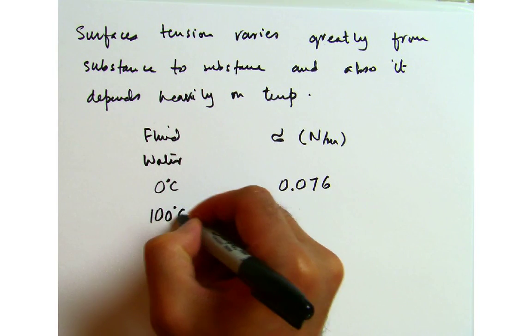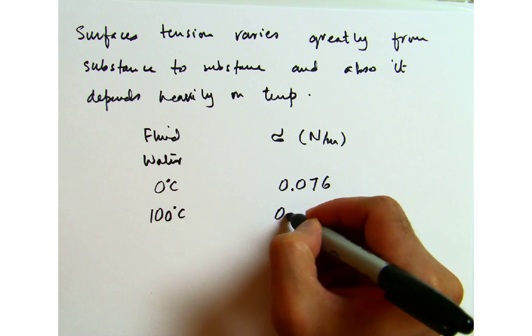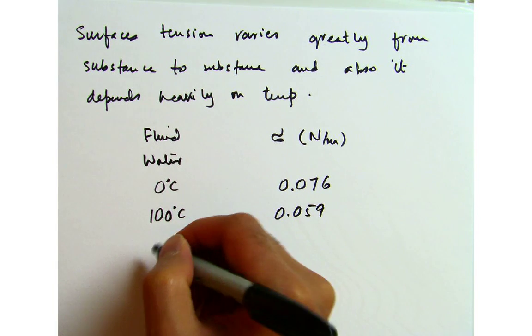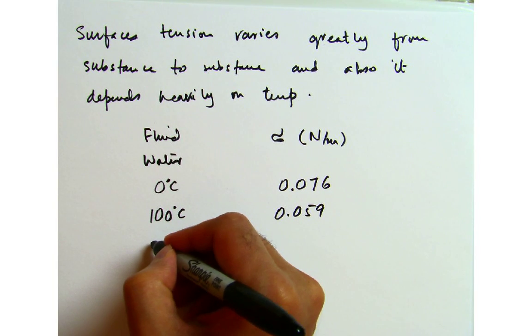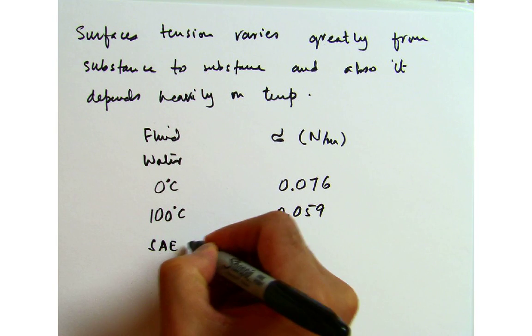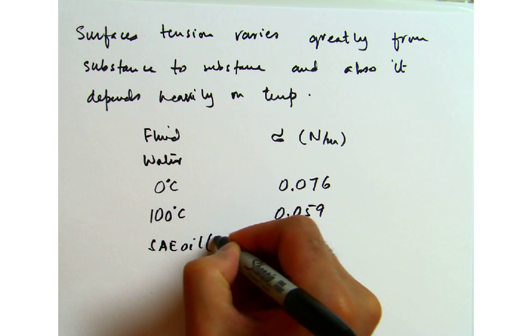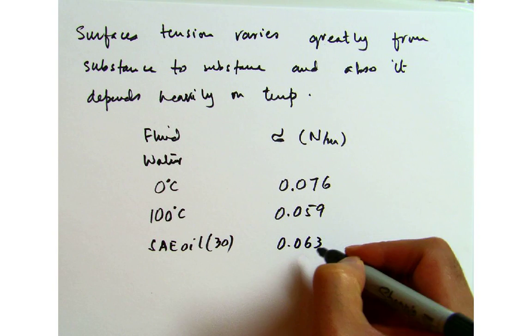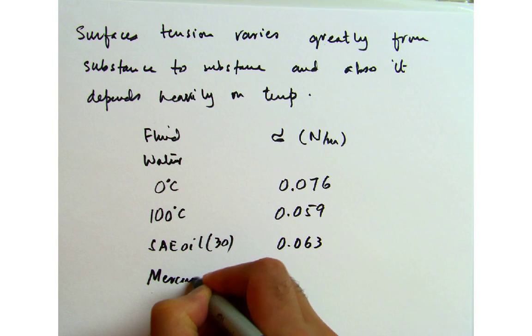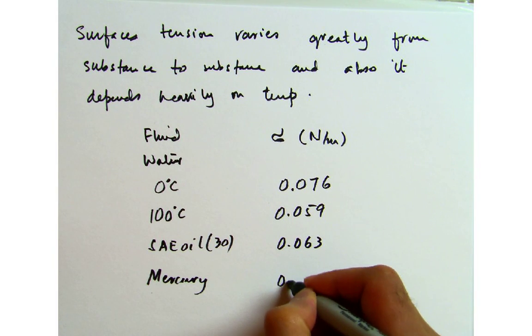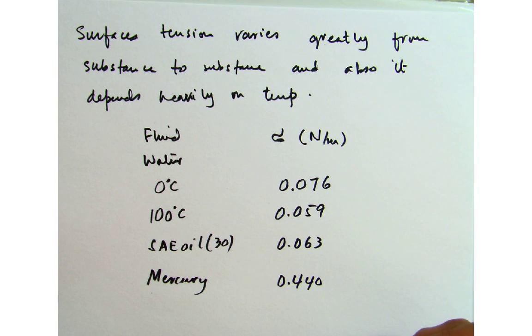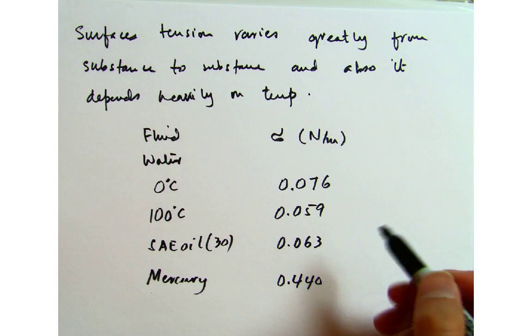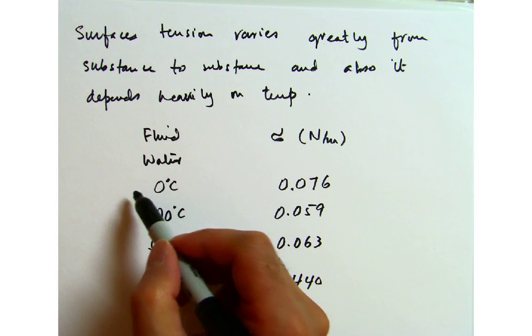Water at 100 degrees Celsius has a surface tension of 0.059. SAE 30 oil has a surface tension of 0.063. Mercury has a surface tension of 0.440.